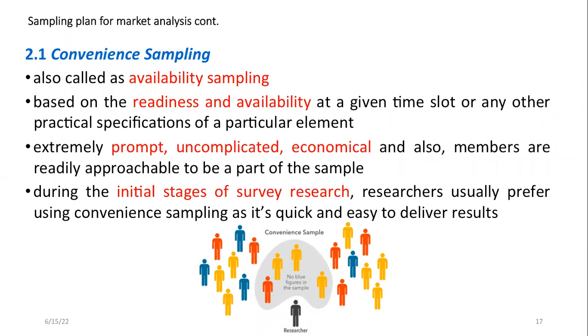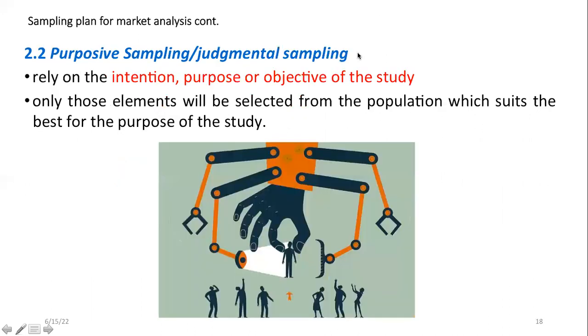It is extremely prompt, uncomplicated, economical, and members are readily approachable to be part of the sample during the initial stage of the survey research. We use this in the initial stage, not for the entire research. Researchers usually prefer convenience sampling as it is a quick and easy method. Here you can see the sample population, and we are not going to select blue people. So there are no blue figures in the sample. That is a convenience sample. Actually, it is not a very good one.